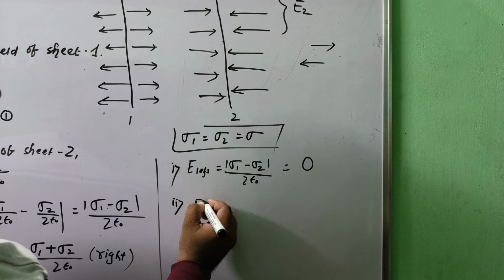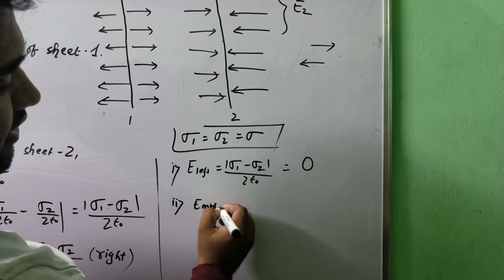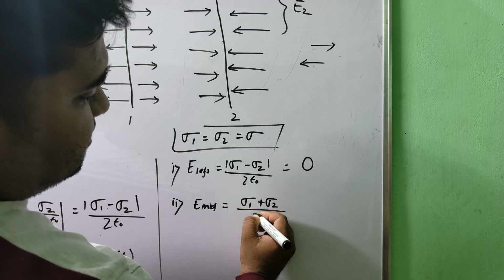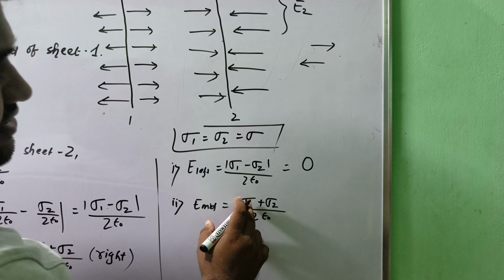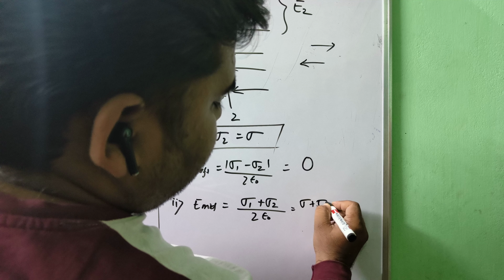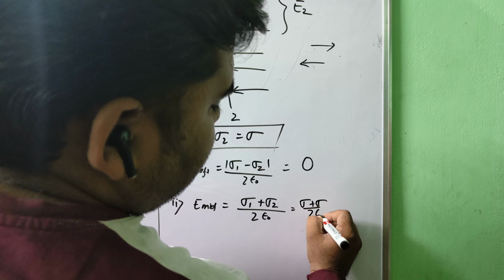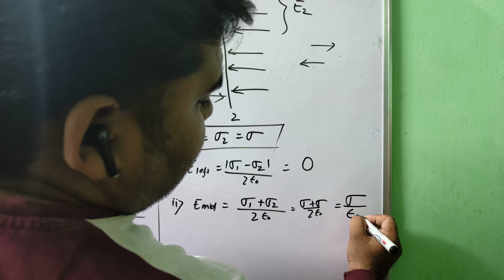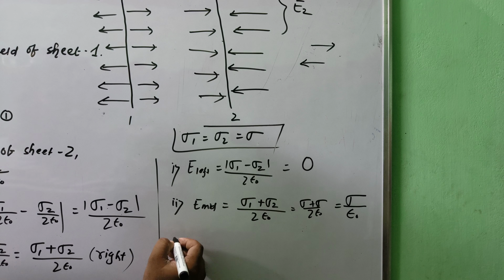Now E mid, from the equation you have found that it is sigma 1 plus sigma 2 by 2 epsilon naught. Since these are equal to sigma, it is sigma plus sigma by 2 epsilon naught, that is 2 sigma by 2 epsilon naught, which gives sigma by epsilon naught. This is your answer.